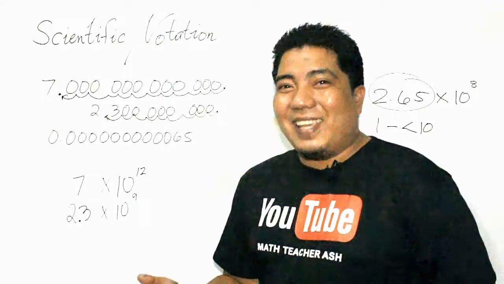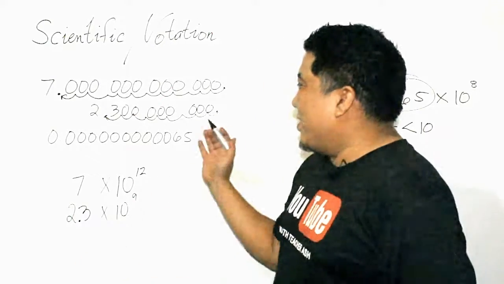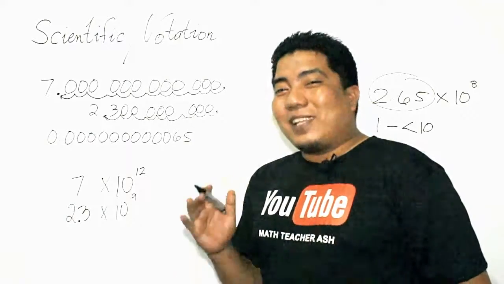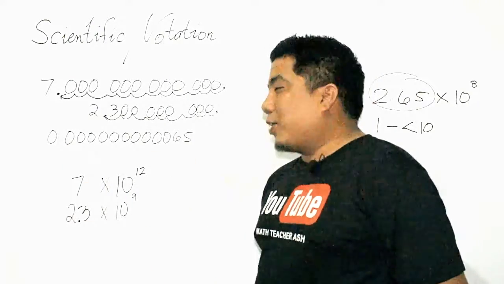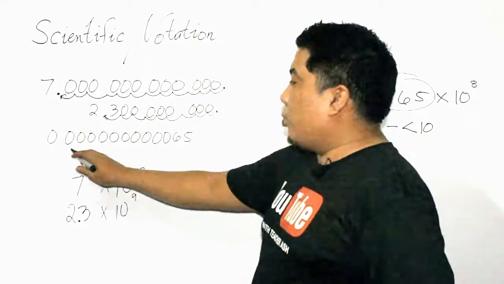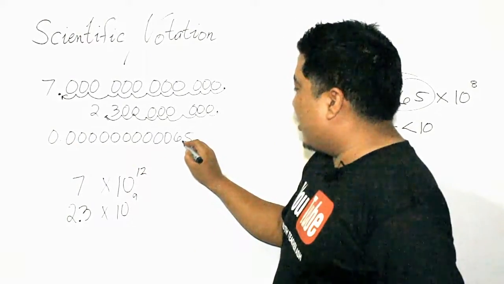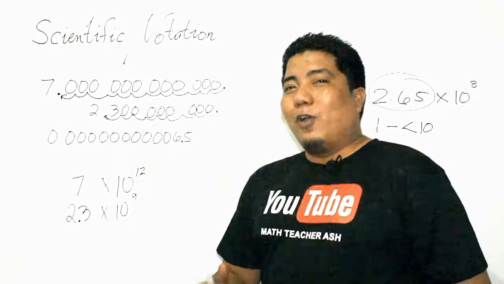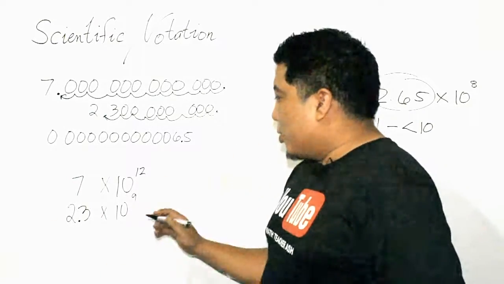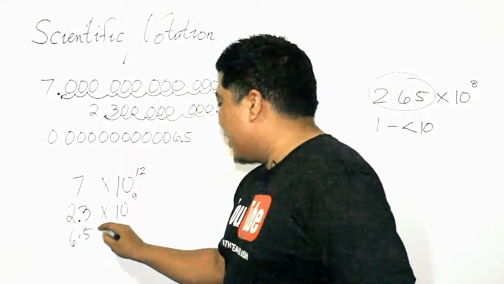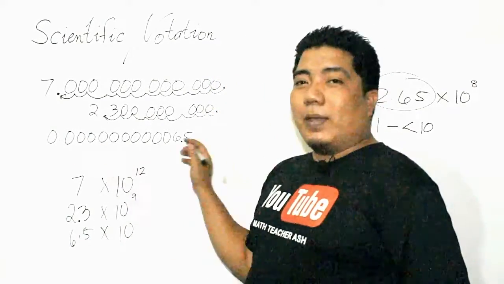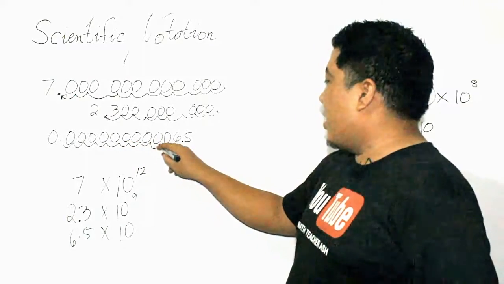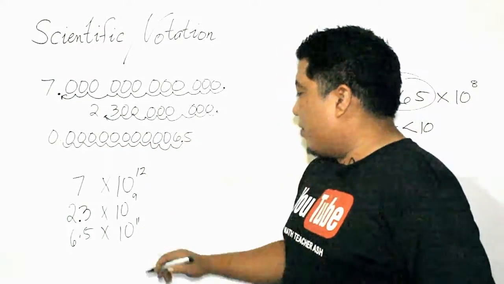Okay, I already have lost in my calculation, but our aim here is putting this into a scientific notation, and what we need to do here is we move our decimal point to here, to 6.5, so that it will not violate the rule of 1 up to less than 10. So that is 6.5 times 10. So how many movements is this? 1, 2, 3, 4, 5, 6, 7, 8, 9, 10, 11, to the 11th power.